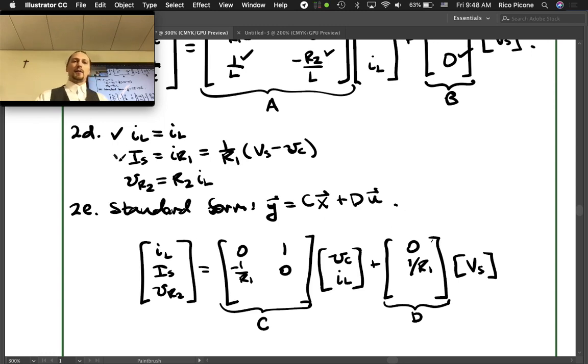Finally, so we did this one. And then finally we have to express this last output equation. VR2 is equal to R2 IL. So that means that VR2 is equal to 0 times VC, plus R2 times IL, plus 0 times VS. And that is our output equation in standard form.